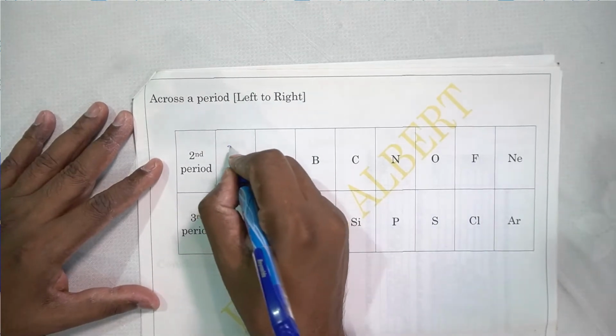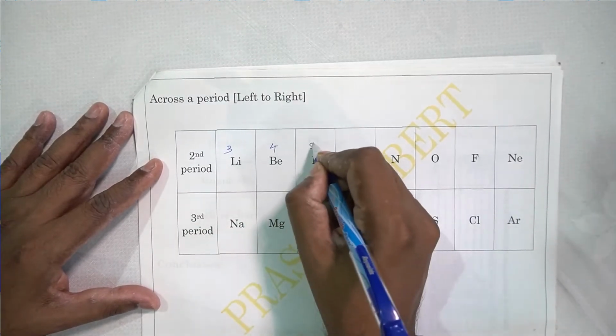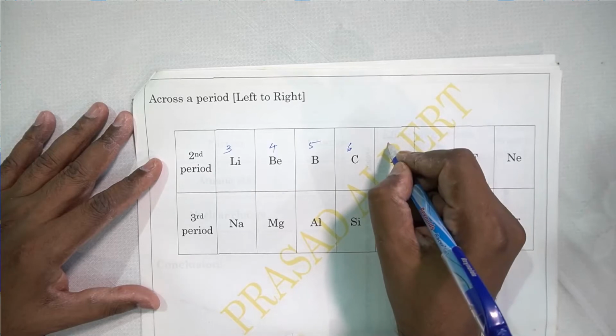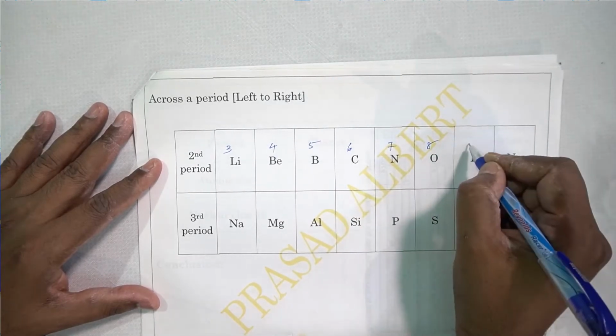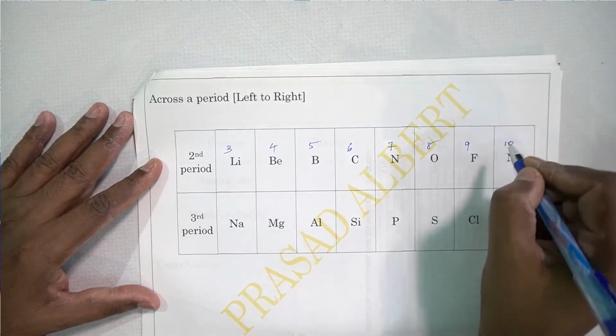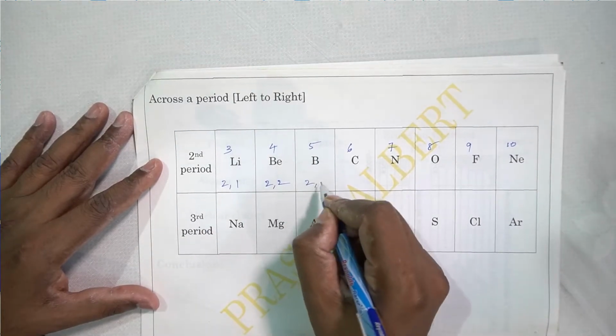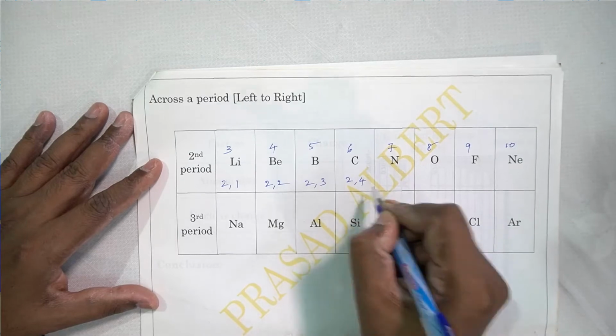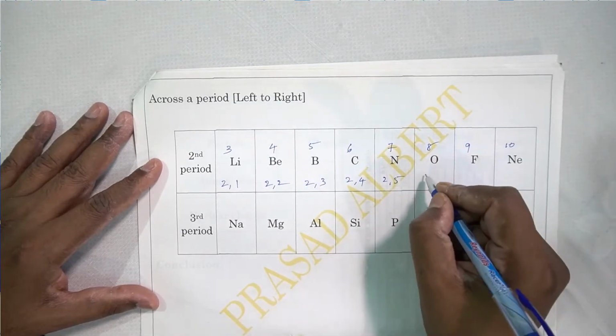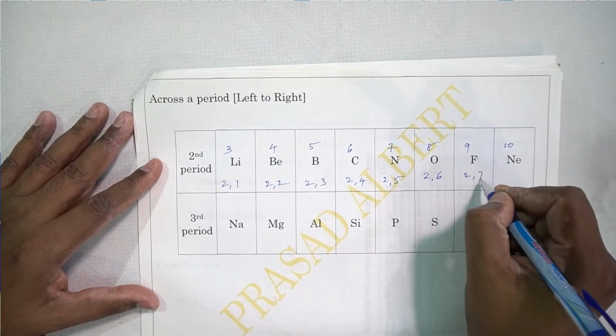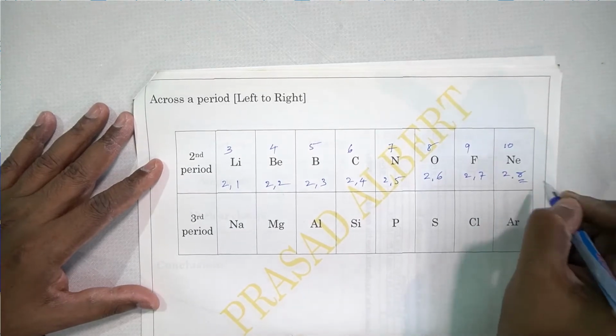Across a period, we have lithium, beryllium, boron, carbon, nitrogen, oxygen, fluorine and neon. The configurations are 2,1; 2,2; 2,3; 2,4; 2,5; 2,6; 2,7; 2,8. This is the octet.